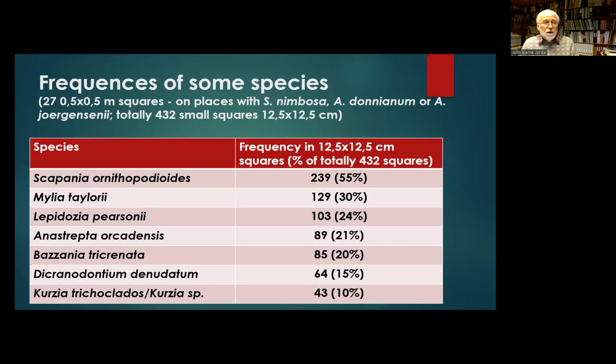Then we have some more sub-oceanic species, Mylia taylorii occurring in 30% of the squares, Lepidozia pearsonii on 24% of the small squares, Anastrepta orcadensis 21%, Bazzania tricrenata 20%, Dicranodontium denudatum 15%, and Cursia, mainly Cursia tricocladus in 10%. And these are examples of species occurring commonly together with the most diagnostic species as mentioned.